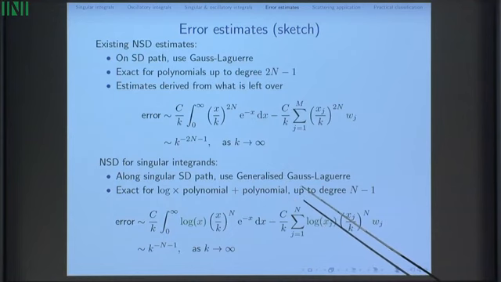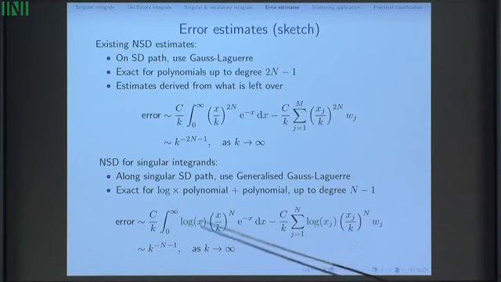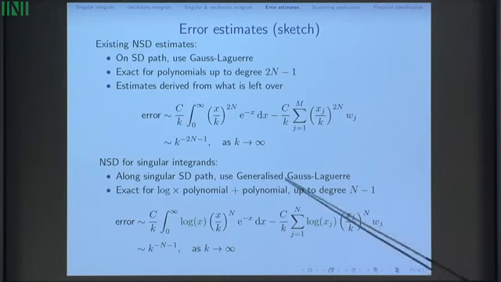However, with steepest descent, the only estimates currently available to us are asymptotic estimates. The constant will be much larger in the case of a near singularity when you use standard numerical steepest descent than when you explicitly account for the singularity by combining steepest descent with generalized Gauss-Legendre. But there are no estimates to back this up.